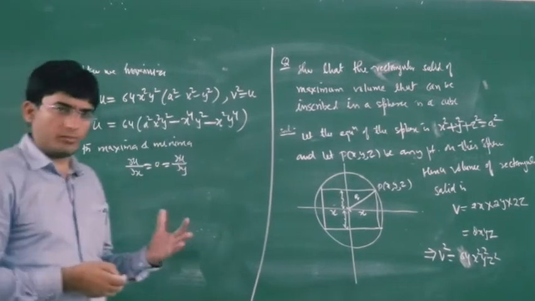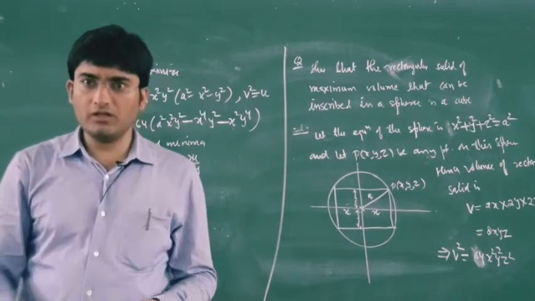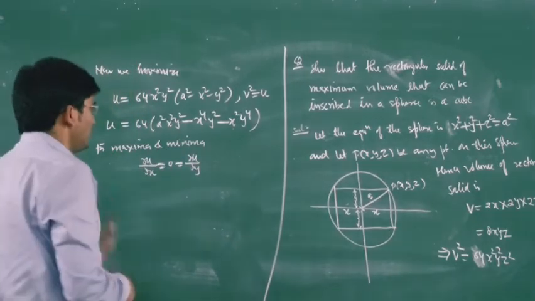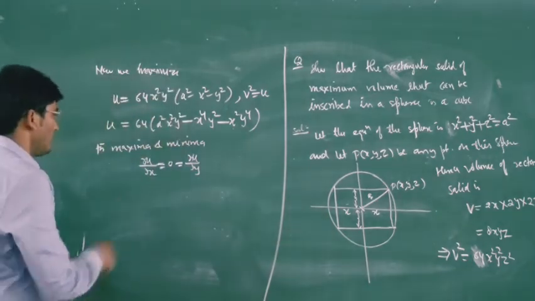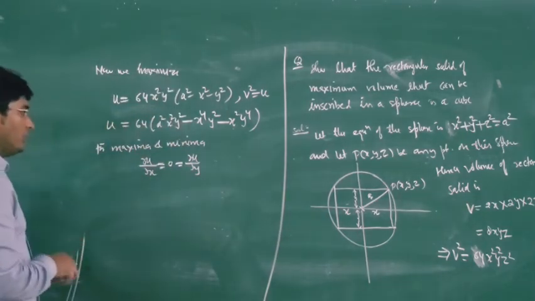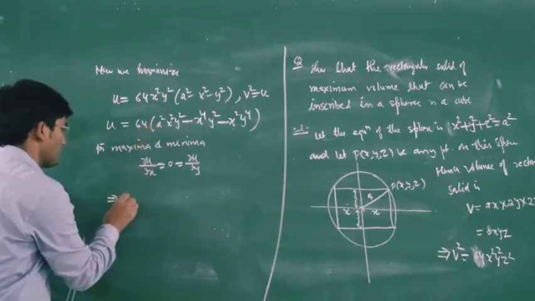We can also solve this question with the help of the Lagrange multiplier method, and that is very easy. But in this case, let us solve this with the help of the two variable method.